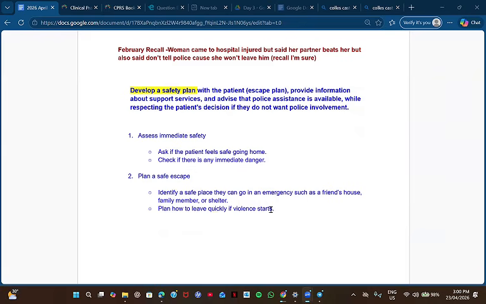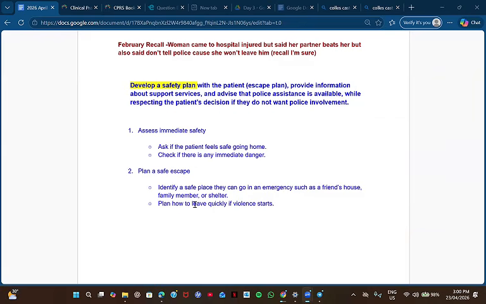Plan how to leave quickly if violence starts. This is the only thing we can do, because by ourselves it's not possible to report to the police. Very important, because these people are adults. It's their right. Only if they want, we can report, right?